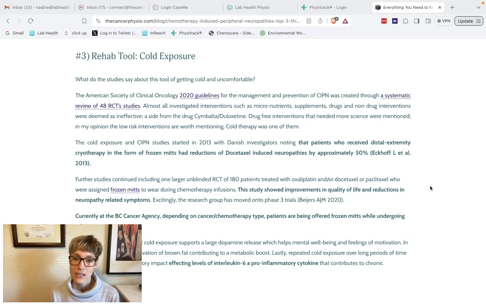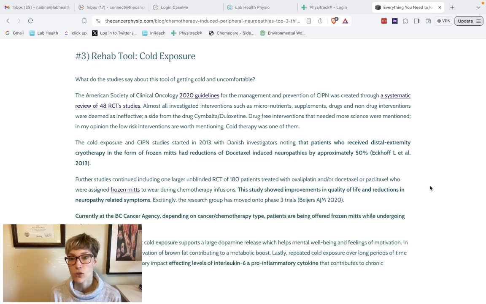So digging into that a little bit more, you can see that the Danish investigators started in 2013 with forms of cryotherapy such as frozen mitts when patients were having infusions of docetaxel. And their neuropathies were supposedly reduced by approximately 50%. Those studies then spiraled into more studies and a randomized control trial of 180 patients treated with oxaliplatin and docetaxel who were also given these frozen mitts.